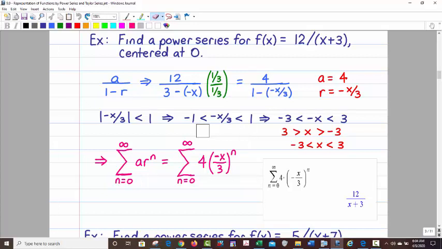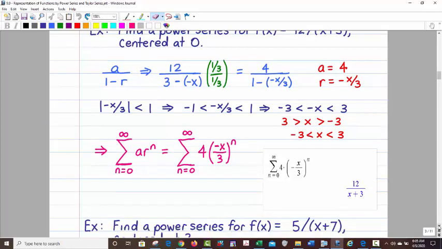And then I multiplied all three parts by negative 3. And when you multiply or divide an inequality by a negative number, you must flip the arrows. So this became positive 3, that became negative 3, the arrows flipped, and then I just flipped the whole thing back around again. So now I end up with x being between negative 3 and 3.